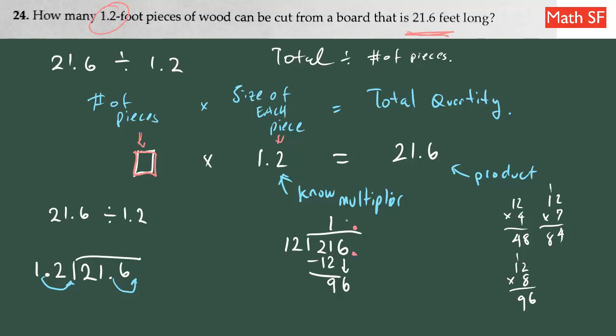So that should be 8 times. 8 times 12 is 96. We subtract that, the remainder is 0. Therefore, our final answer should be 18 pieces. So how many 1.2 foot pieces? There will be 18 pieces. That will be our final answer.